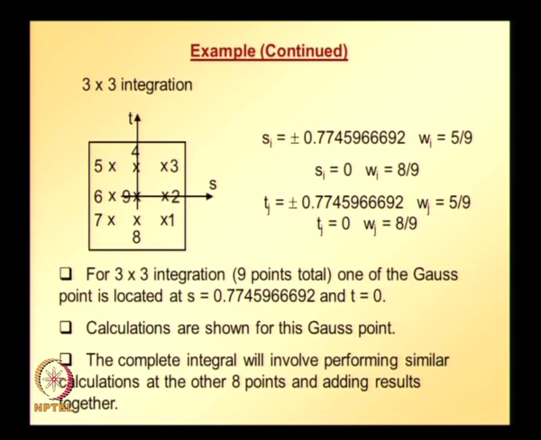The complete integral involves performing similar calculations at the other 8 points, and adding the results together. So let us take this point, and for this particular point the weight in the s direction is going to be 5/9 and the weight in the t direction is going to be 8/9. So the total weight is going to be 5/9 times 8/9.